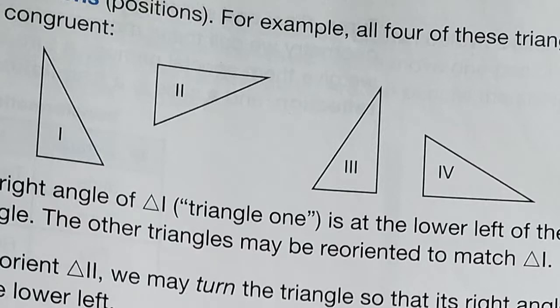So like I said, congruent shapes are the same shape and same size, but they can be in different positions. The math term is that they are in different orientations. For example, in this picture, all four of these triangles are congruent, but they are in different orientations.